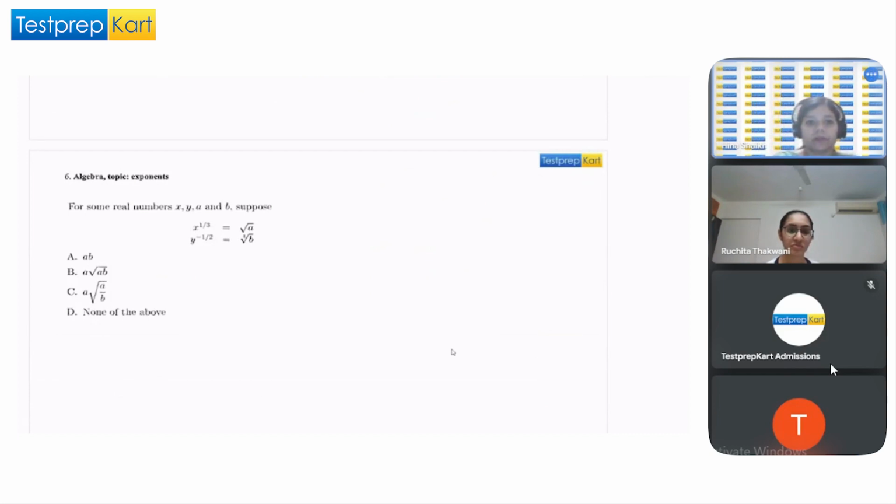Okay, next one. For real numbers x, y, a and b, suppose x raised to 1 by 3 is equal to under root a and y raised to minus half is equal to fourth root of b. Suppose. Is the question incomplete or is this the question?